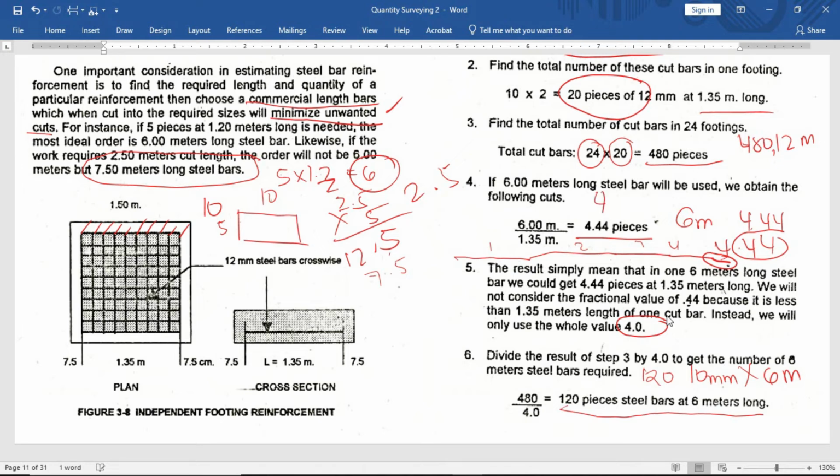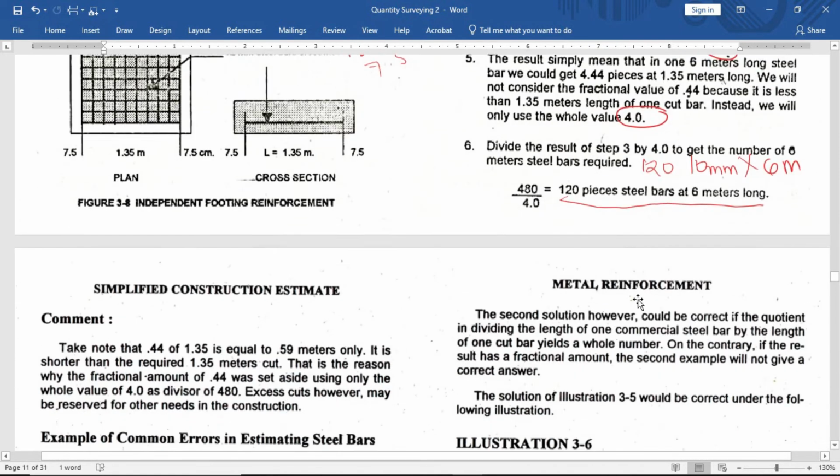For example, 4.5 ang lumabas. Hindi natin consider yung 0.5, yung 4 lang. Yung whole number lang. So, since may nakuha tayong 480 pieces kanina, i-divide lang natin sa 4. So, makukuha natin is 120 pieces of steel bars at 6 meters long. So, yan yung bibilhin natin sa market.